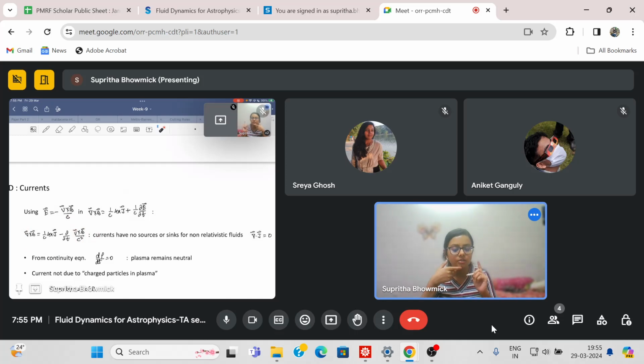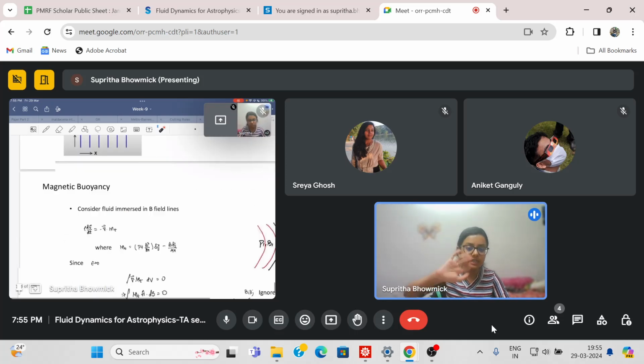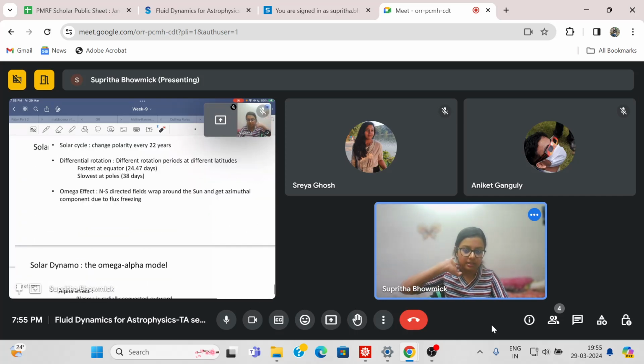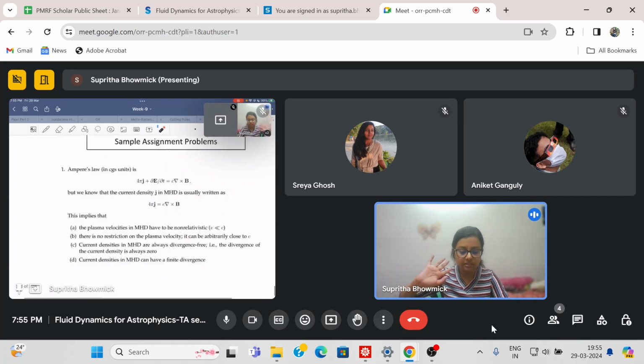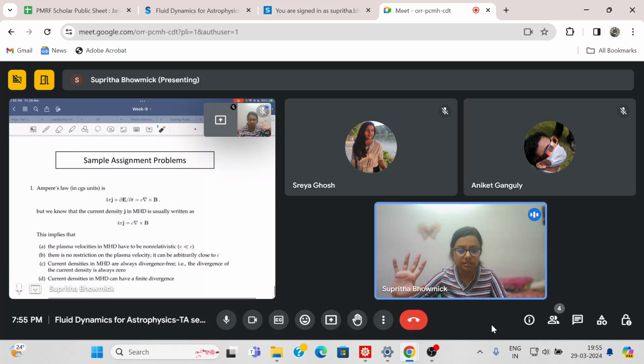Because we're considering non-relativistic fluids. It is true that there's an entire hellhole of relativistic MHD, and that's complicated stuff. But in our simplification, we assumed a non-relativistic fluid, which allowed us to drop this term and gave us this simplification.